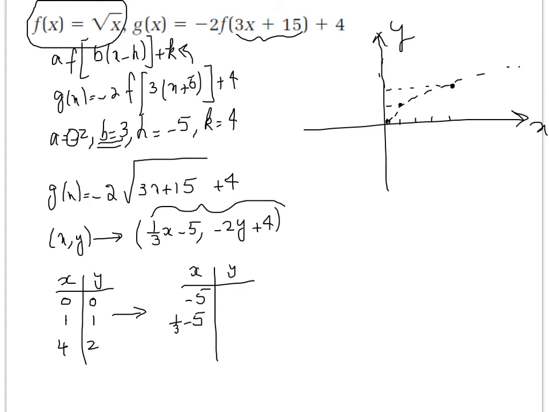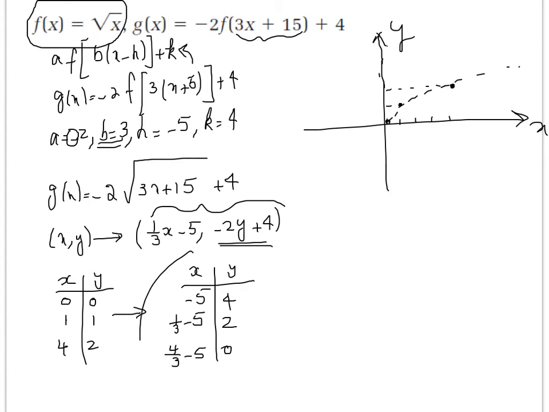When x is 4, it's going to be 4 over 3 minus 5. Now I'm going to put y's in this equation. When y is 0, it gives me 4. When y is 1, it's negative 2 plus 4, which is 2. When y is 2, negative 4 plus 4 is 0.